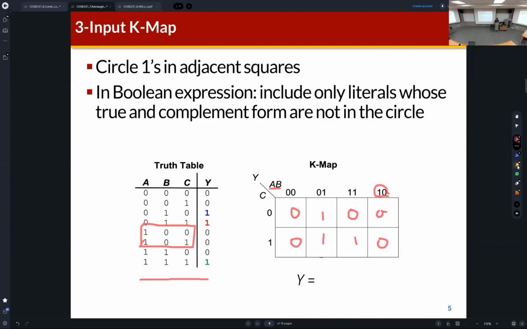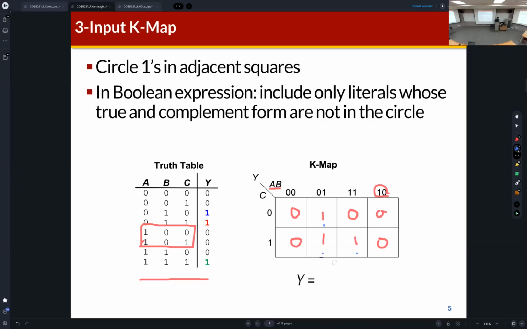When we find some groups in the Karnaugh map, we need to find the largest groups. Which means that actually we can find 1 is here, 1 is here, 1 is here. So we can make a Boolean equation using three methods.